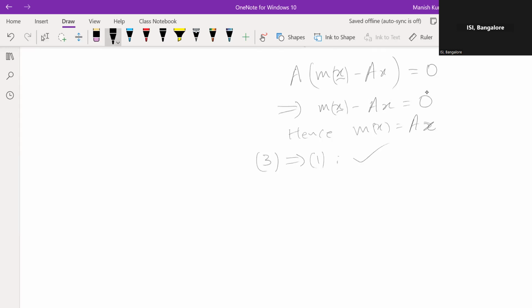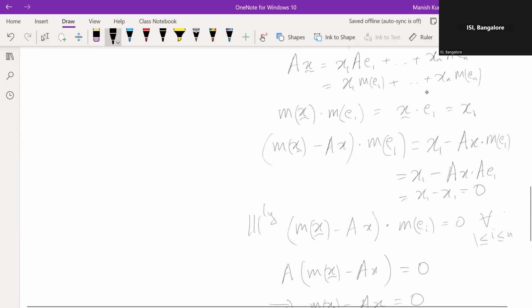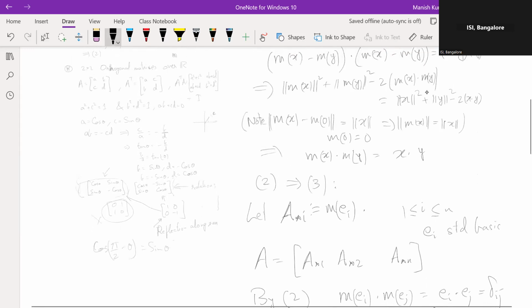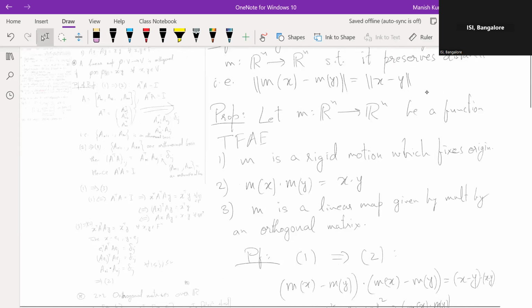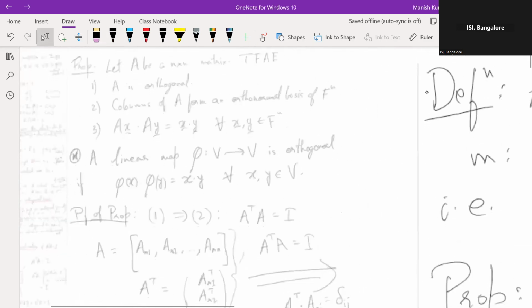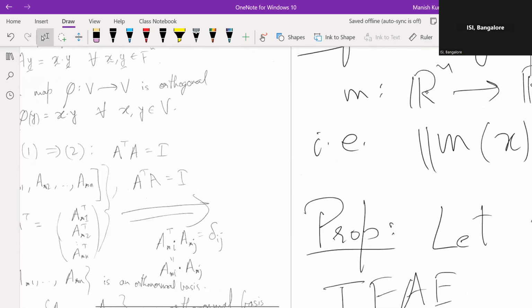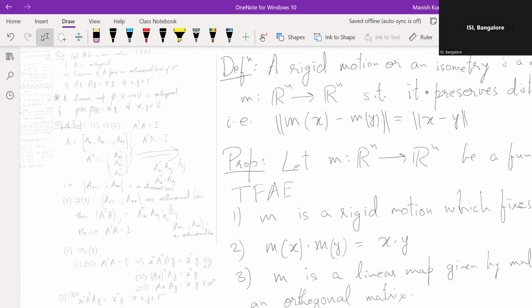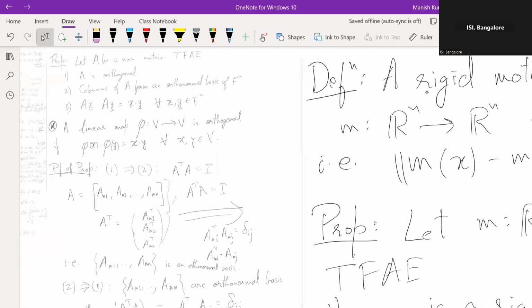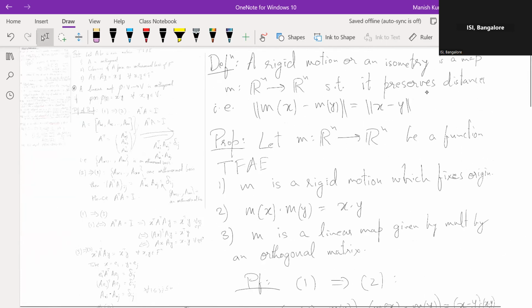From the previous proposition, we proved that if you have an orthogonal map, then it preserves distances.